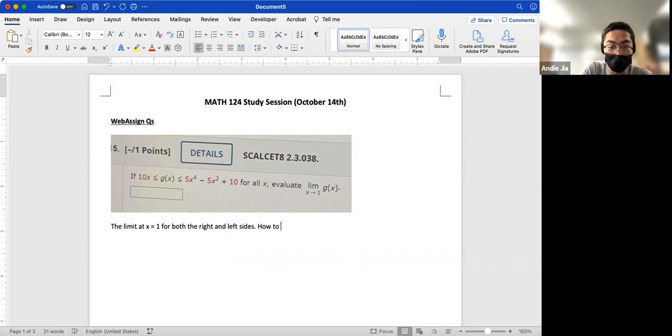So how do we find out whether both limits are equal? We plug x equal to 1 into both side functions.